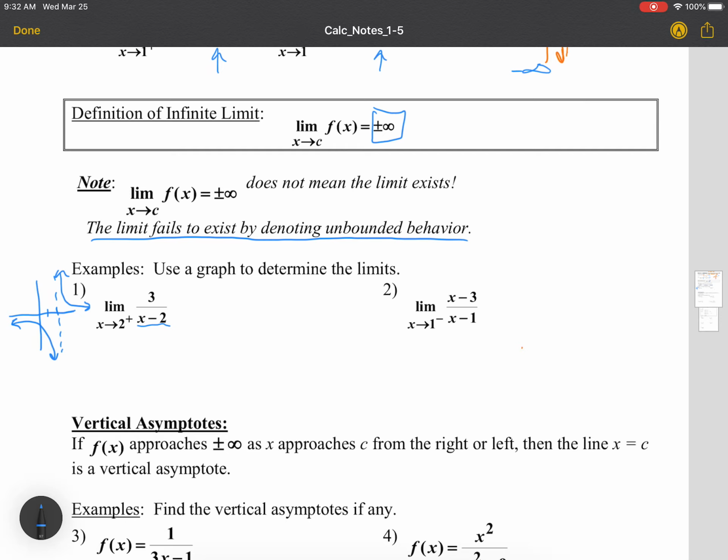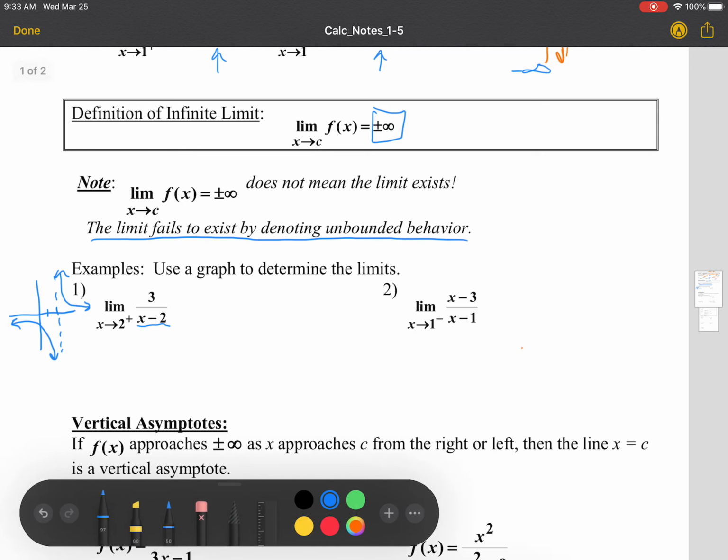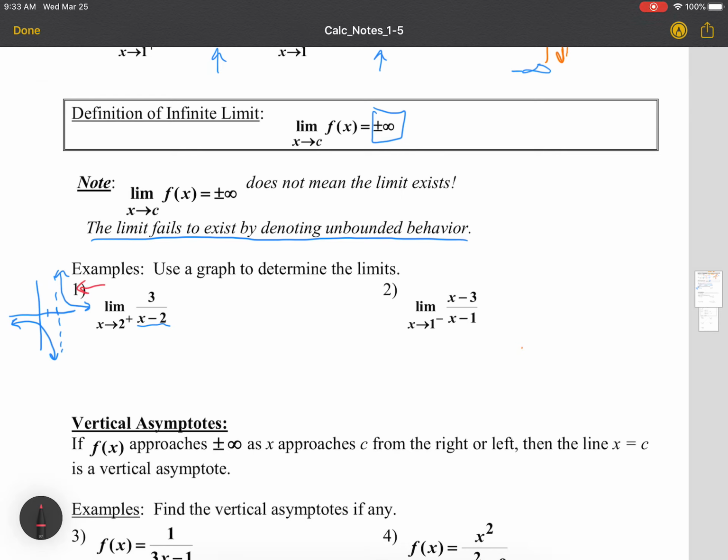This limit is asking us to look at it as x approaches 2 from the positive side. So we're looking at it as it goes from that direction. As you can see, it goes up to infinity. We could even check that by plugging in values.